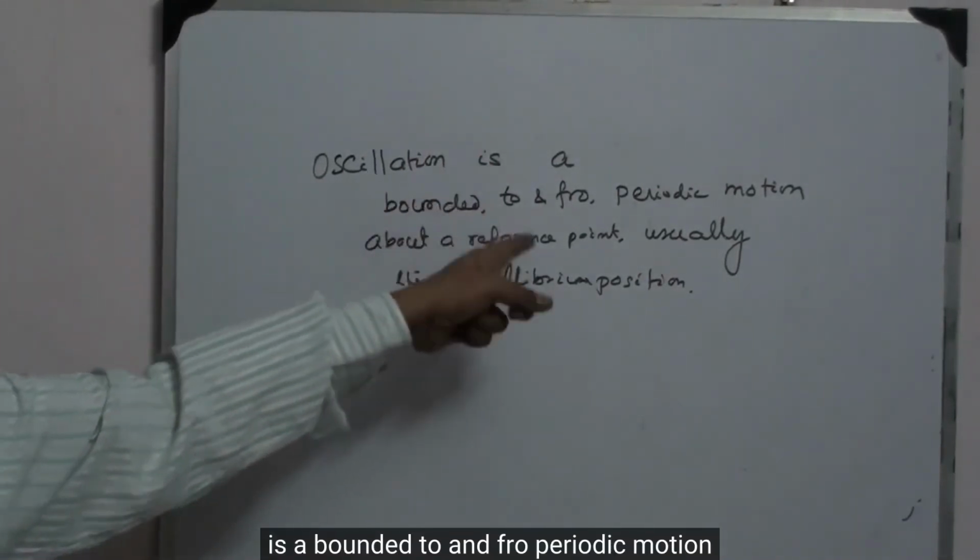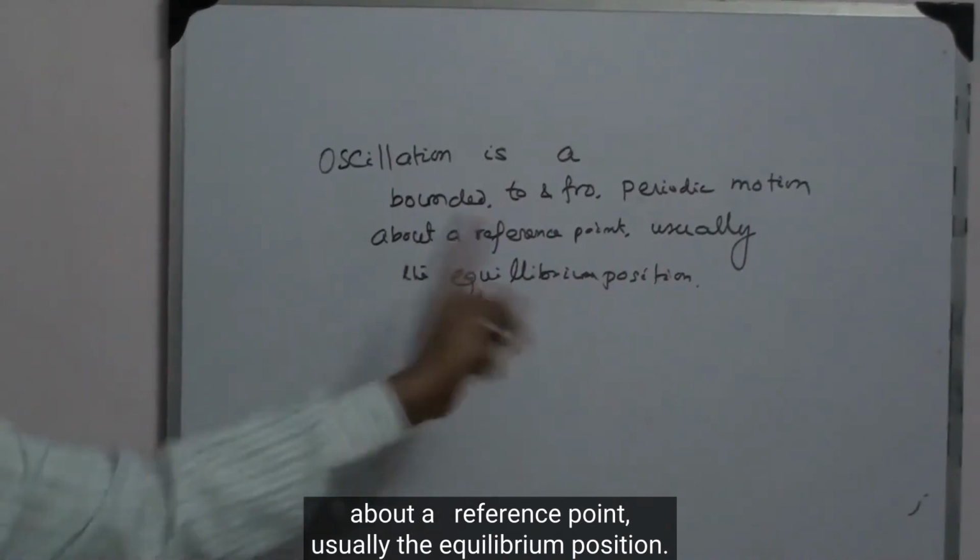Oscillation is a bounded to and fro periodic motion about a reference point, usually the equilibrium position.